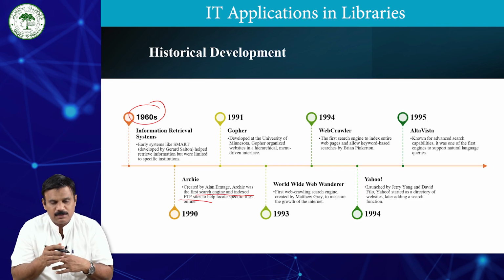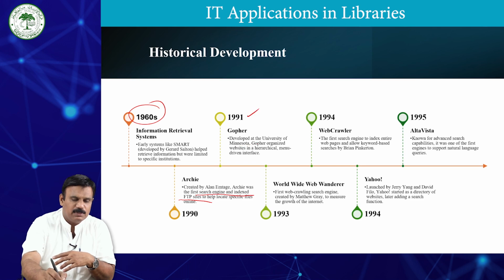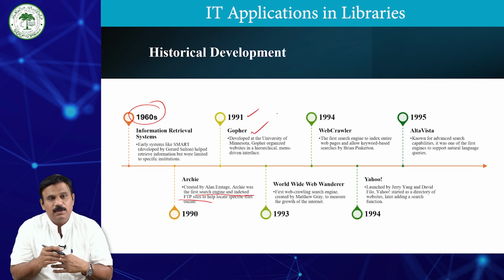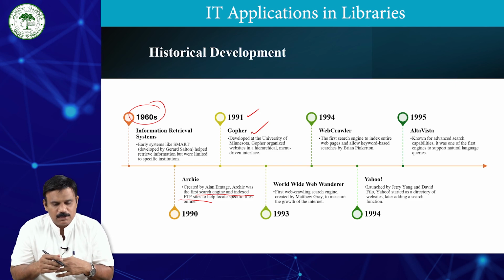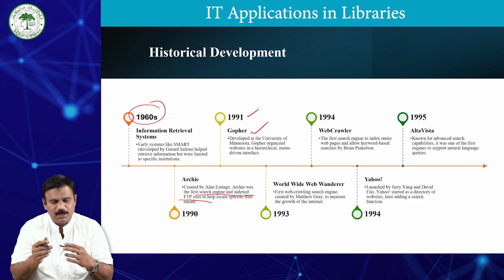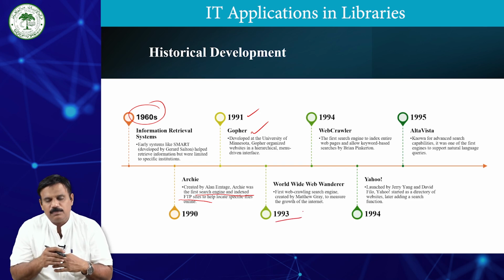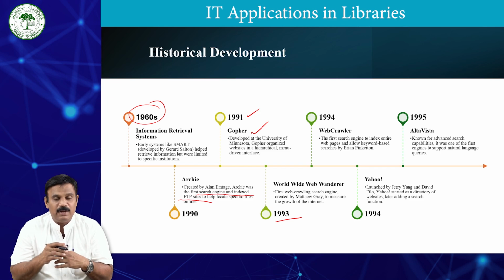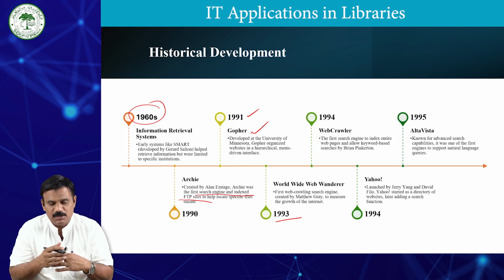Another development is in the year 1991, which is the development of Gopher by the University of Minnesota. Gopher was used to organize websites in a hierarchical menu-driven interface. In 1993, the World Wide Web Wanderer is known as the first web crawling search engine, which was created by Matthew Gray to measure the growth of the internet.